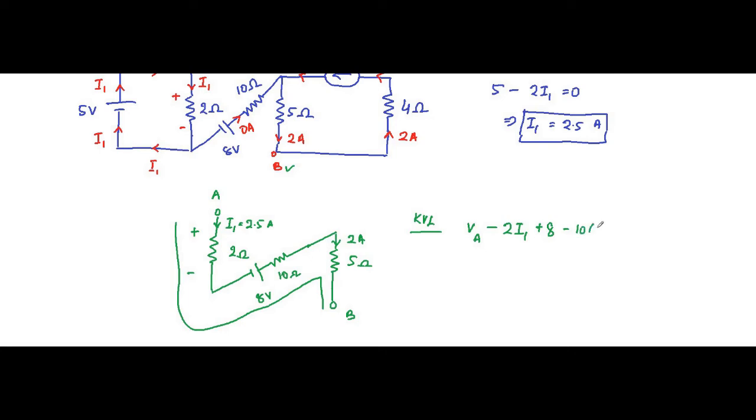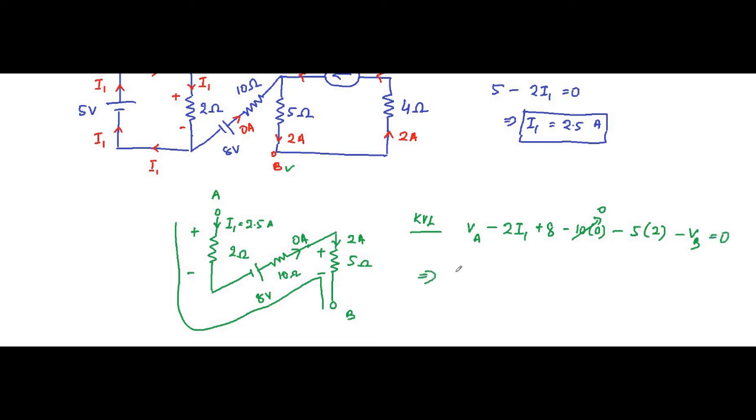Minus 10 into 0, because 0 ampere current is flowing through this 10 ohm resistor, so 0 voltage drop. Then minus 5 into 2, moving from positive to negative, because 2 ampere is flowing through this 5 ohm resistor, equal to minus VB, the voltage at point B, that is equal to 0.